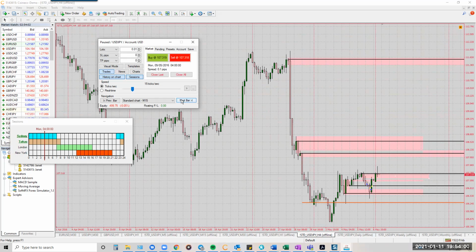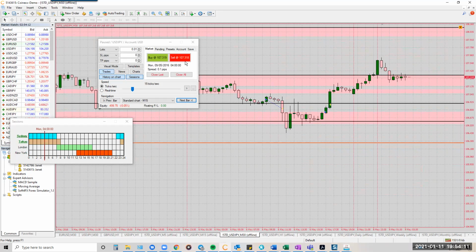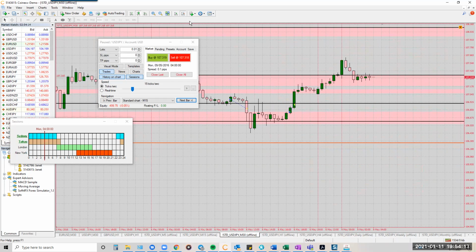Now in this 4-hour, I'm seeing it could be a railroad setting up, but I'm looking for this rejection. So let's go back to the 30-minute. Let me take a look and see what's over here. I'm going to go next bar, next bar. I do not see my pattern.